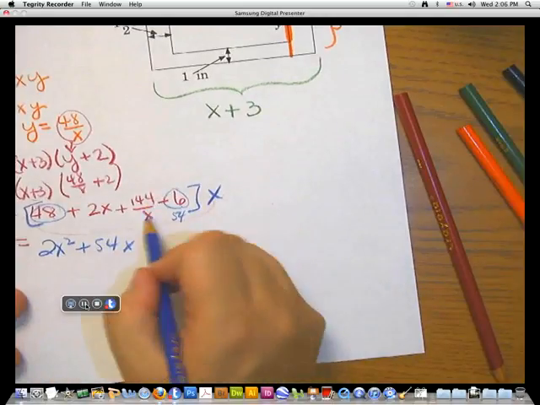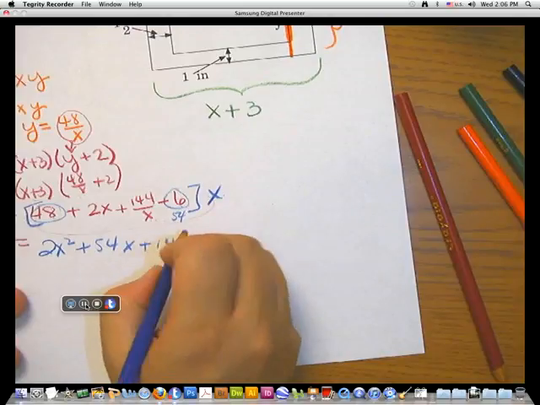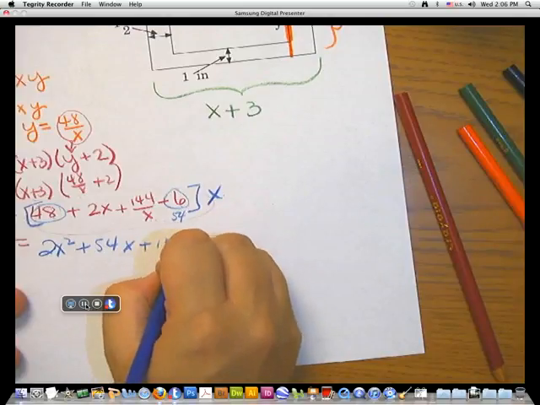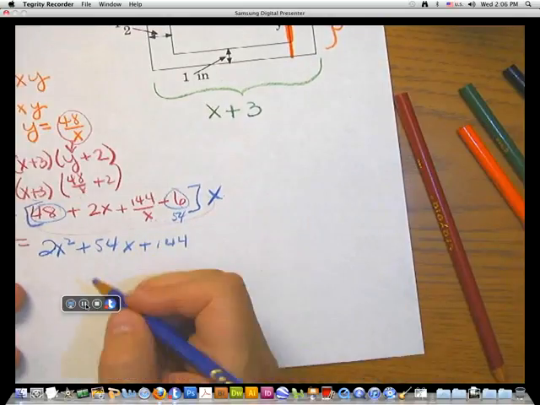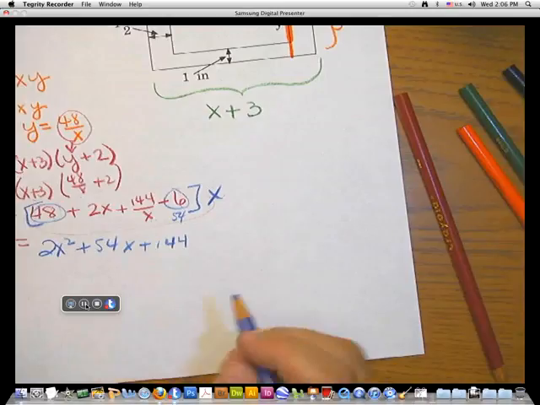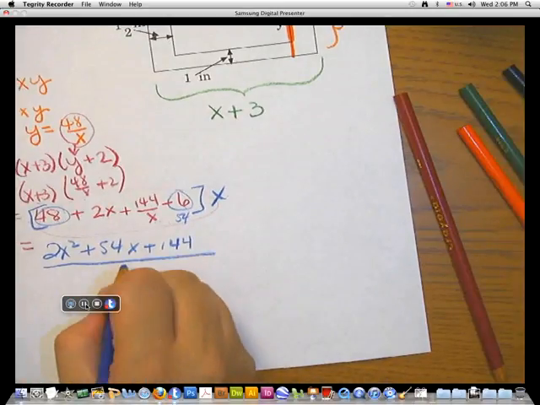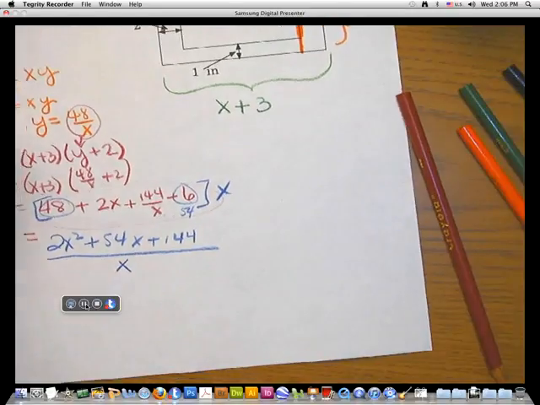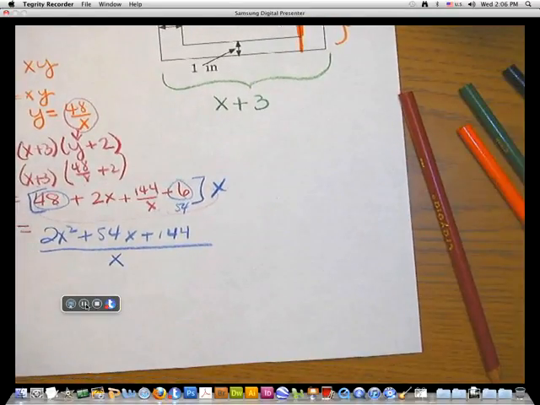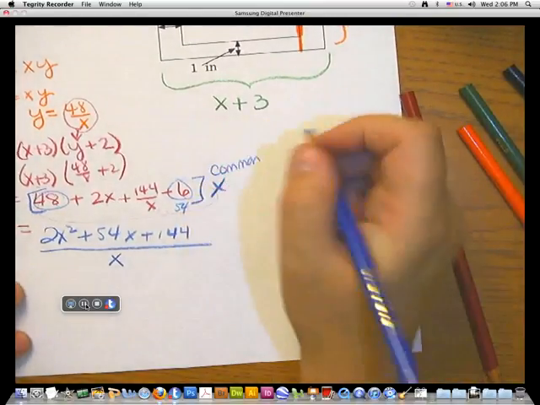And then 144 over x and x cancels, leaving the 144, all over x, because we have to get everything over that common denominator.